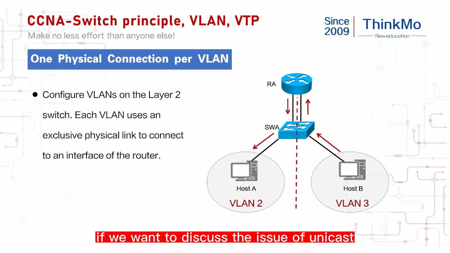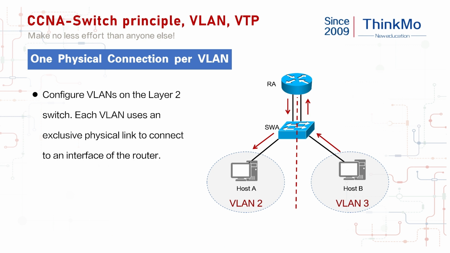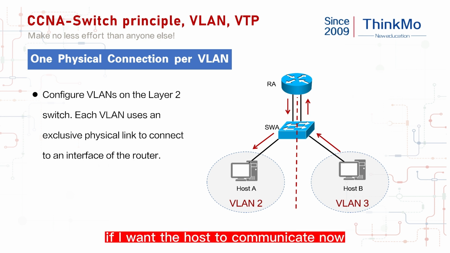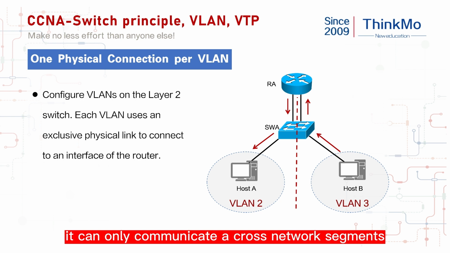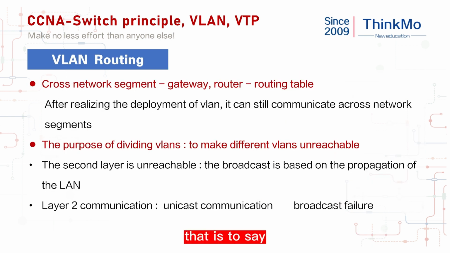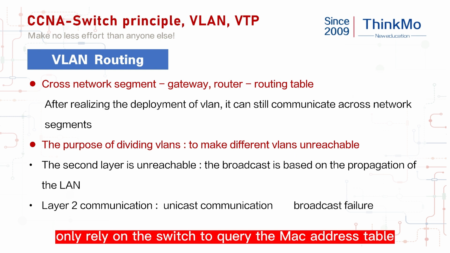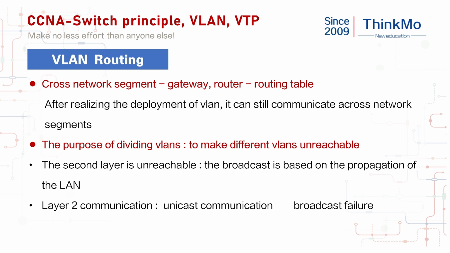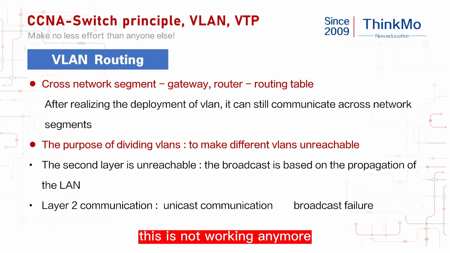If we discuss unicast at the second layer, neither unicast nor broadcast works. If I want the hosts to communicate now, it can only be across network segments. The switch can only query the MAC address table for the corresponding VLAN and interface and forward accordingly. This is not working anymore, and you can't complete the communication. So now we can only communicate across network segments.